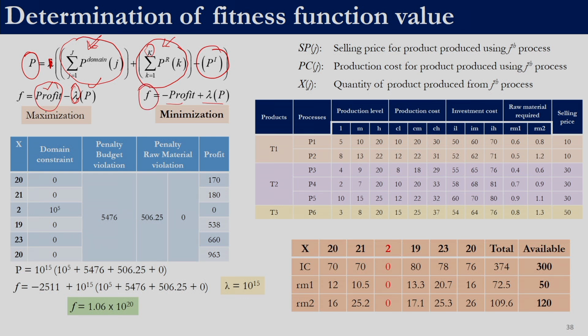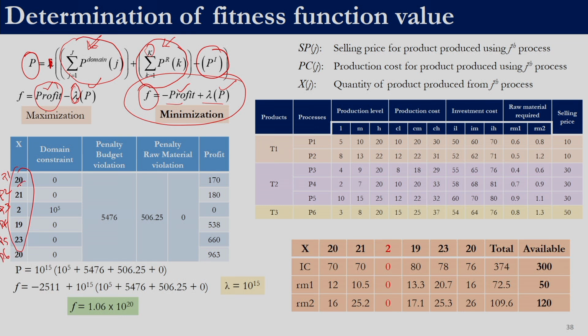So, we know how to calculate profit, the individual penalties and hence the total penalty, and we can combine these. This is a consolidated picture of whatever we have discussed. Let us assume this is the production plan given by one of the metaheuristic techniques. For process 1 we need to produce 20, for process 2 we need to produce 21, and similarly for 3, 4, 5 and 6.